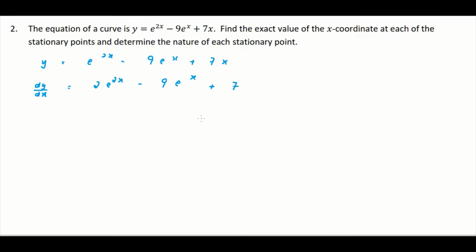After I get this, I can continue to find the stationary point. Then I have dy/dx equals 0, correct? Meaning that I need to solve 2e^2x minus 9e to the power of x plus 7 equals 0. So this is what you have learned previously, right? How do we actually solve this?